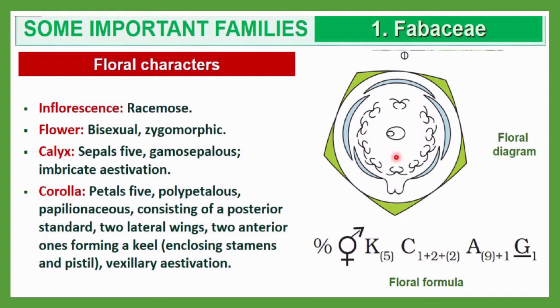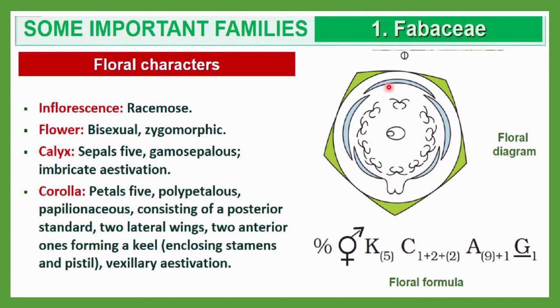So this is the floral diagram you can see here. You just have to practice this diagram. This is the calyx having 5 sepals. You can see here all are gamosepalous, that's why they touch at the margins. Then imbricate type of estivation. Petals are also 5: 1, 2, 3, 4 and 5.